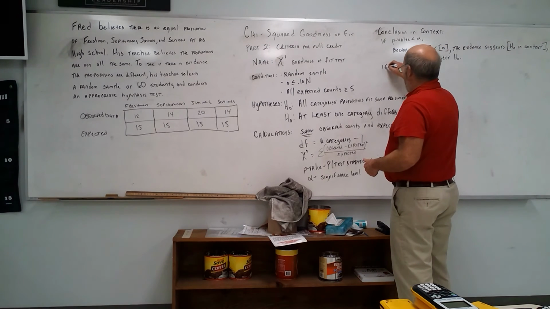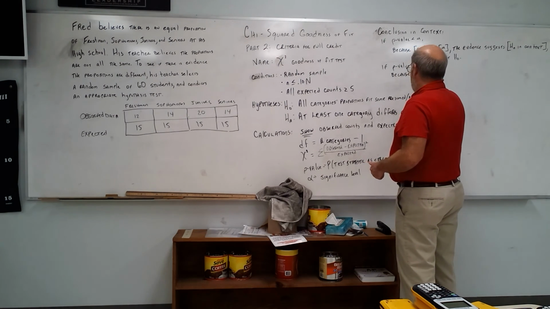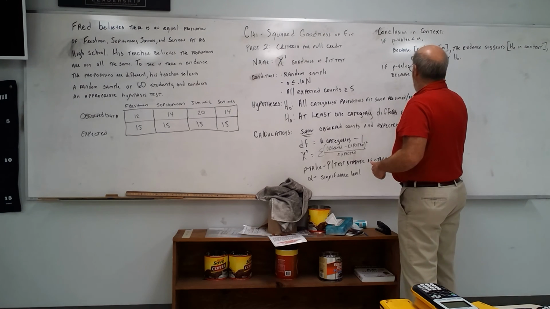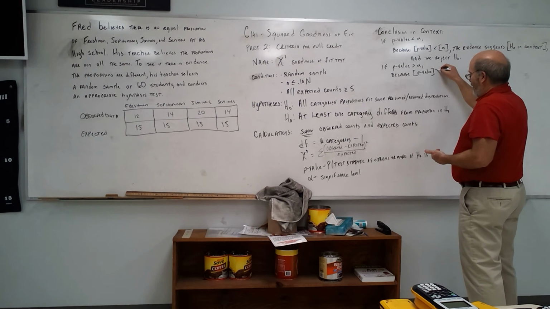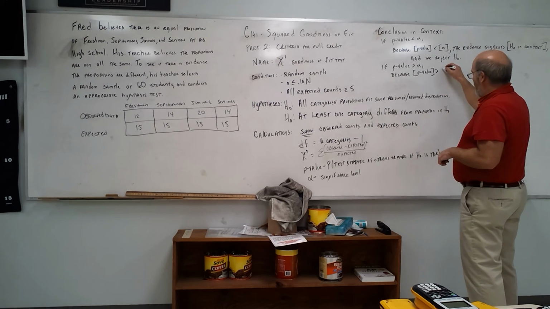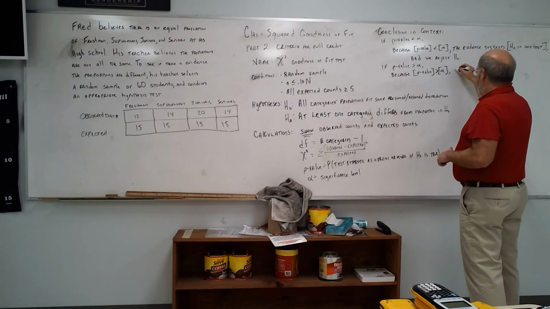If the p-value is greater than alpha, then because, again, we're going to plug in our p-value. If you don't link this conclusion to the p-value and alpha, you're not going to get credit for it. Because the p-value is greater than alpha, whatever our alpha is for our test, there is insufficient evidence to suggest HA in context.